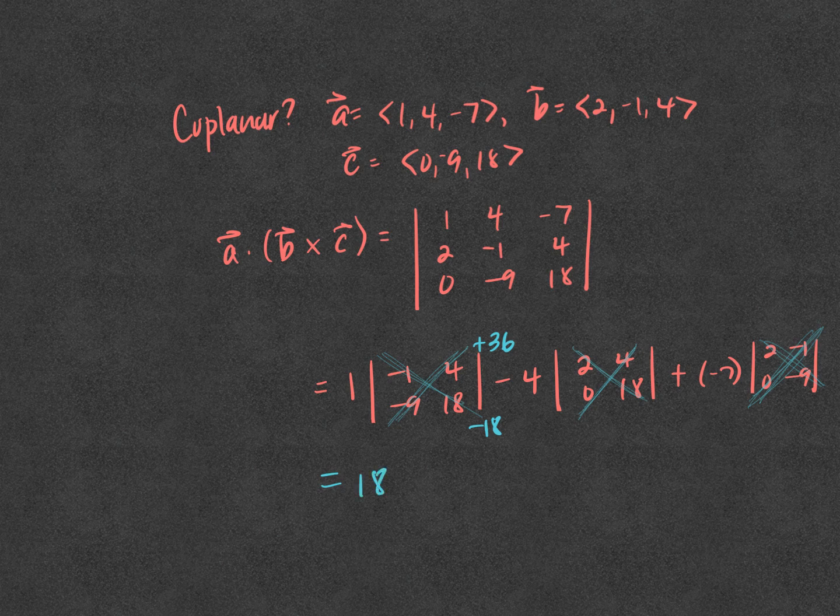So we have 18 minus 4 times 36 minus 0. So 4 times 36. Minus 7, we might as well do that. Here we have -18 minus 0, so we have -18. So when we do this value, we do get 0. Plug it in my handy dandy calculator. Therefore, vectors A, B, and C are coplanar.